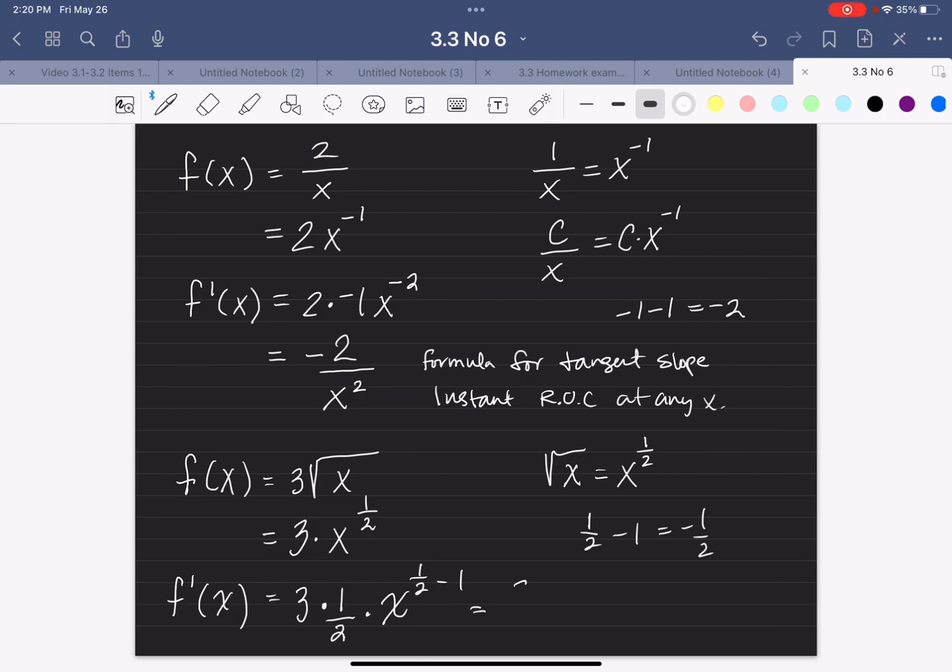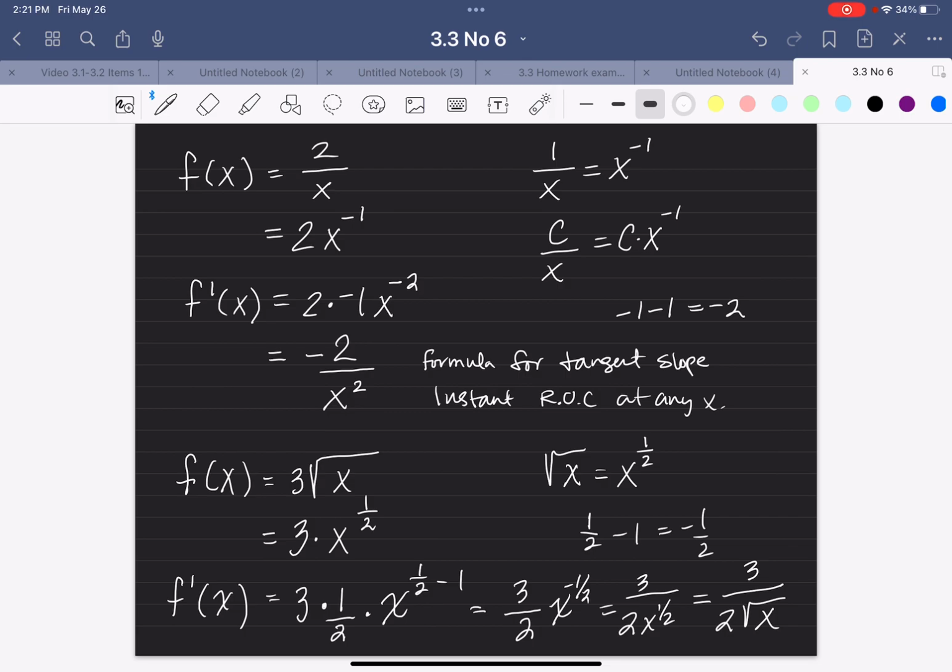So this is 3 over 2, right, because we have this 2 in the denominator right here, and this 3 is a numerator. It's a 3 over 1, so it's going to be a 3 over 2 x to the negative 1/2. Well, that means 3 over 2 x to the 1/2, and now we're going to go back to square root. 3 over 2 times the square root of x. And we're not going to worry about having a square root in our denominator because we're just going to be given a value of x like 4, and we're just going to plug it in.